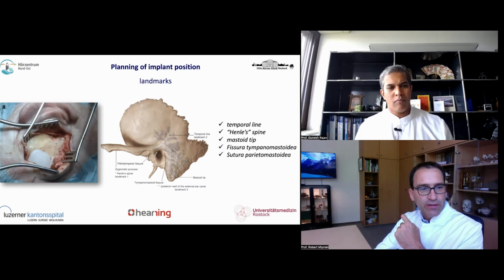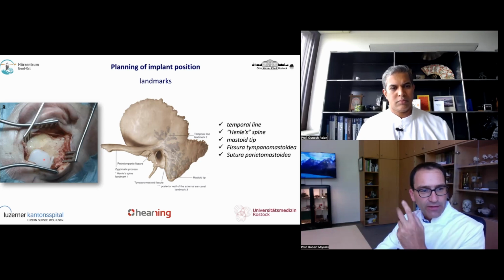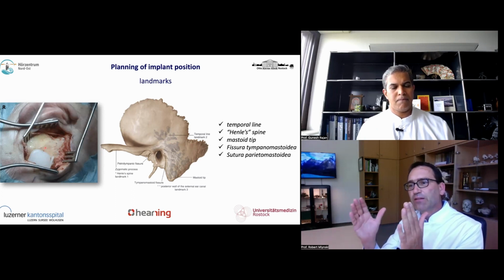I also think it's good to have the tympanomastoid fissure identified, then the temporal line, and the sutura parieto-mastoidea gives you also a good sign where the aeration stops. So if you place the implant housing, let's say with 2/3 posterior to the suture, you always have sufficient distance to your antrotomy and mastoidectomy defect. And it's also an individual landmark.